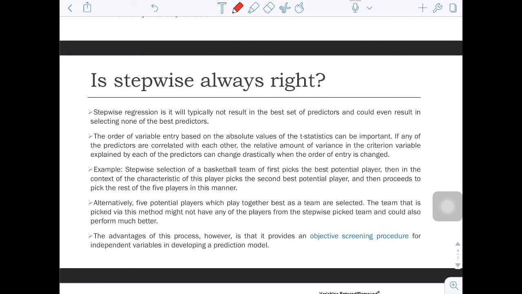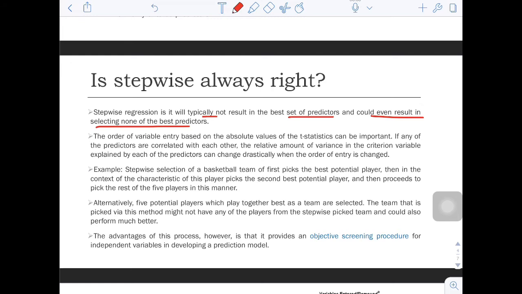The next crucial question is: is stepwise always right? A stepwise regression will typically not result in the best set of independent variables and could even result in selecting none of the best independent variables. Like in our case, we knew that faculty interaction had high correlation with years to graduate, but it was not selected.